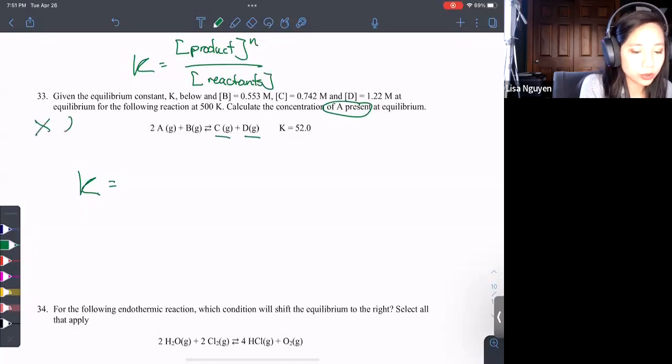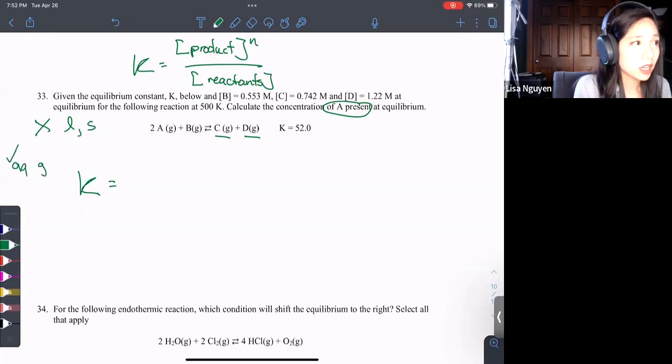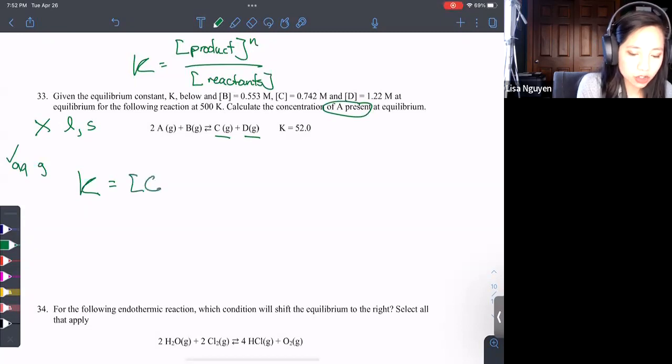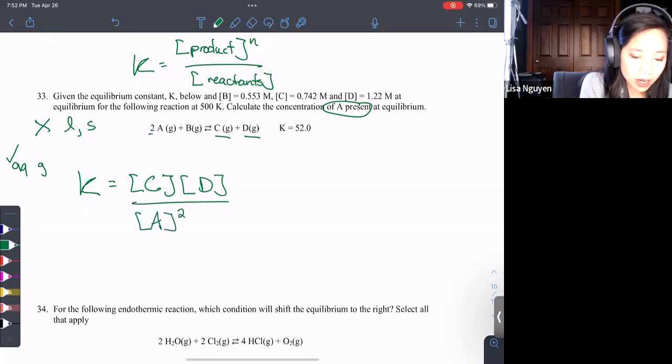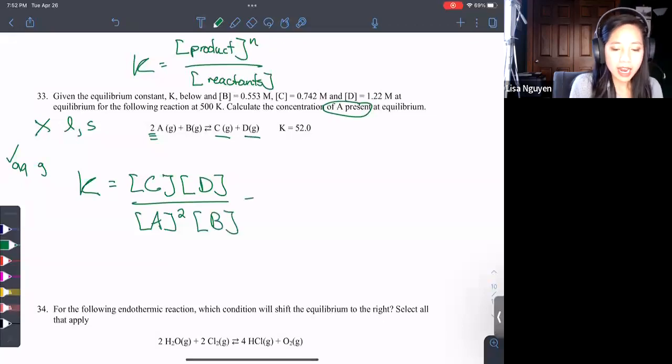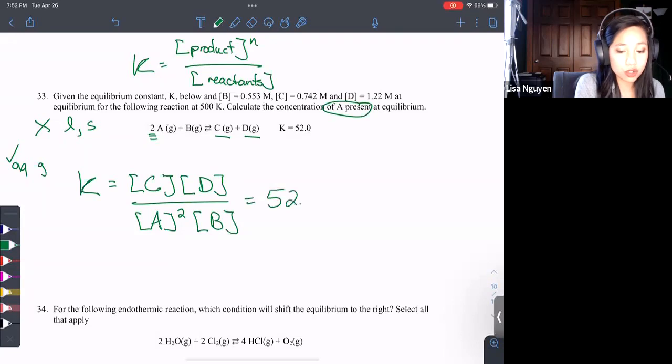Do not include liquids or solids, but you do include aqueous and gases in your K. So K in this case is the concentration of C to a superscript 1, times the concentration of D, over the concentration of A squared, because there's a coefficient of 2, times B. And this is all equal to 52.0.